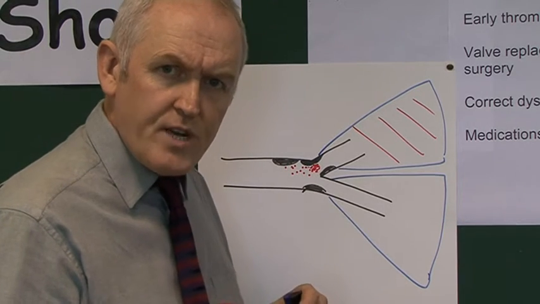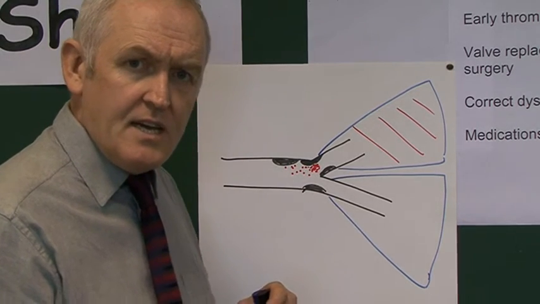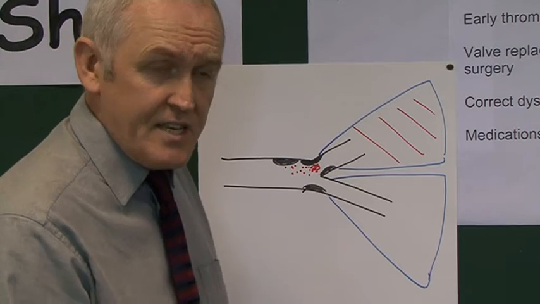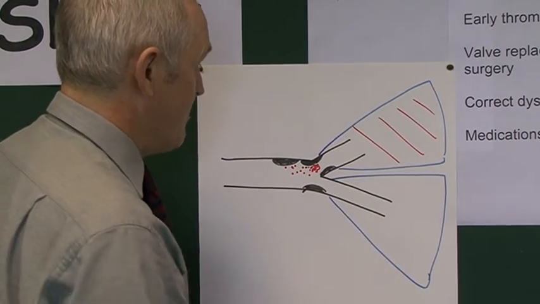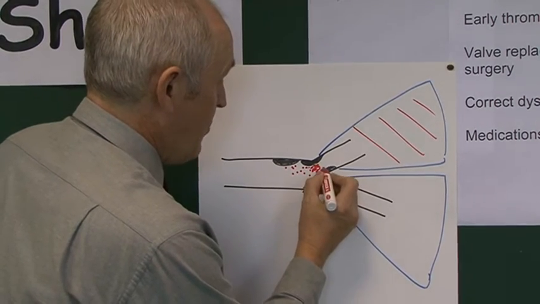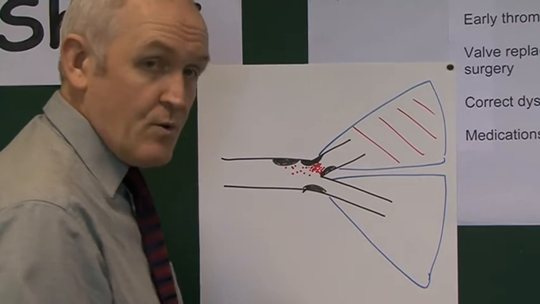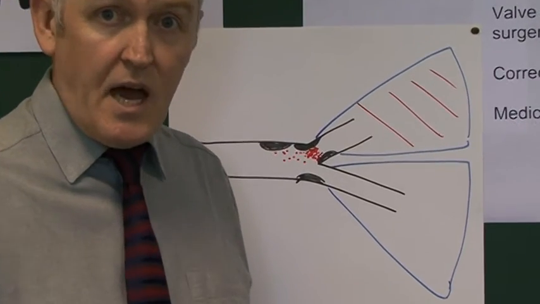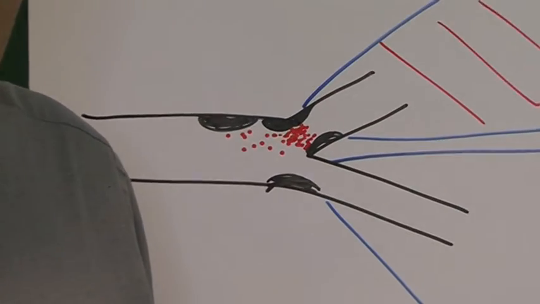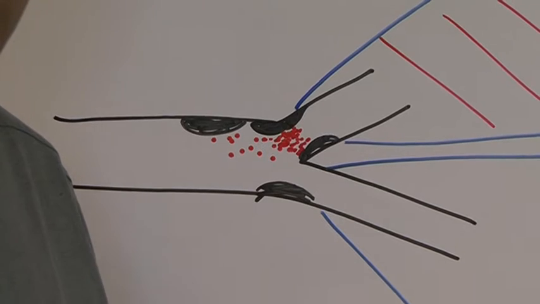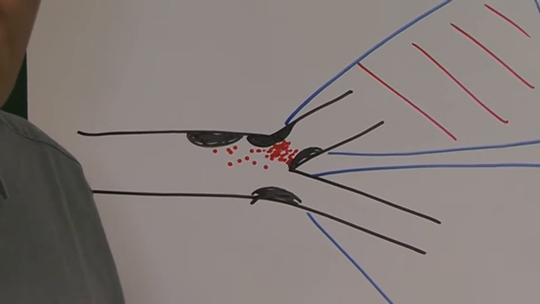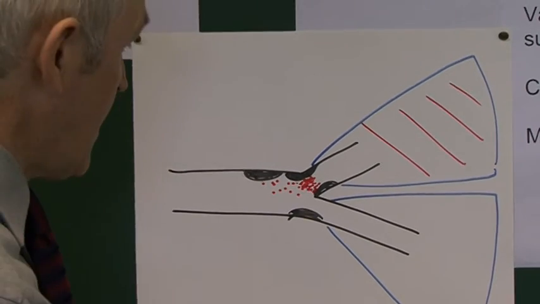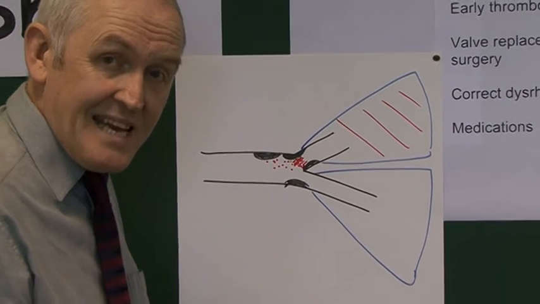But the reason it's called high-risk unstable angina is that there is a risk that the blood supply will become much less, and if there's a lot more white thrombus, then you'll get what you call a non-STEMI, a non-ST elevation myocardial infarction.